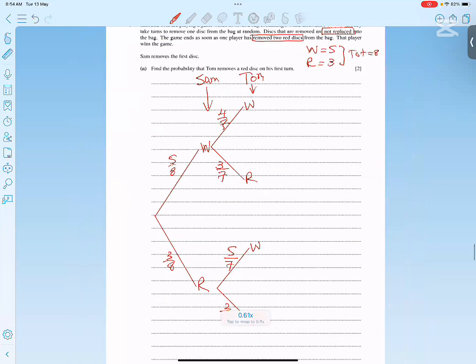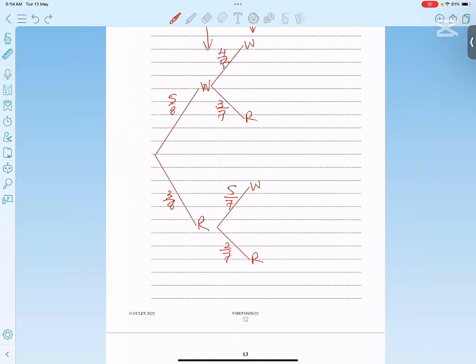And he was asking that Tom removes a red disc on his first turn. This is his first turn, and we're looking for the red. So we talk about this branch because red, and this branch because red. So how to answer this question? I am writing 5 by 8 times 2 by 7 plus 3 by 8 times 2 out of 7.